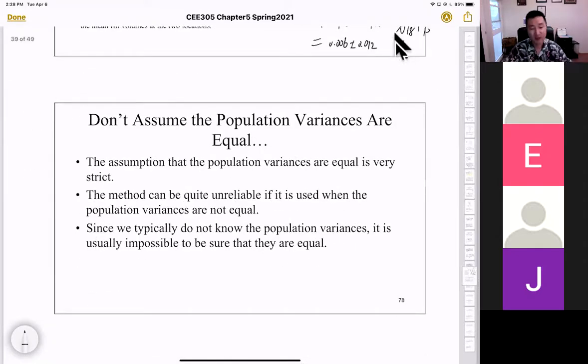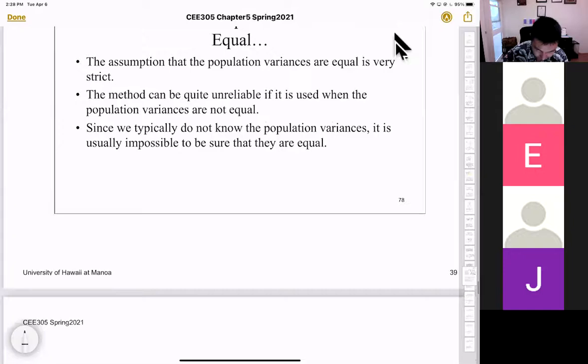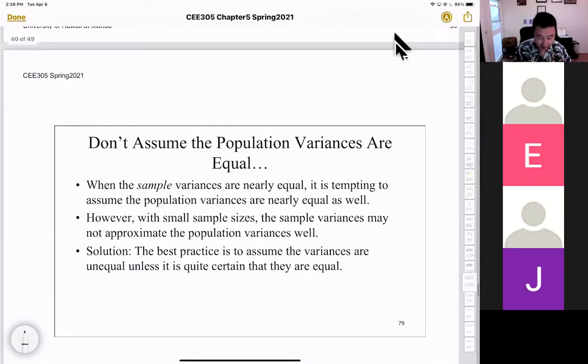So here it tells us we do not assume the population variances are equal unless the question clearly tells us that's the case. Sometimes even when the sample variances are nearly equal, we can still not conclude that the population variances are also equal.